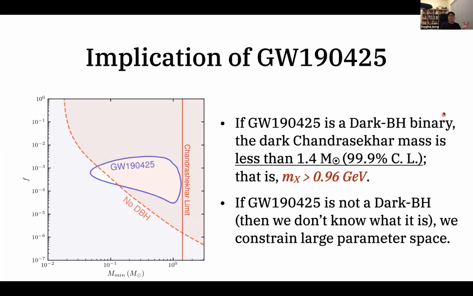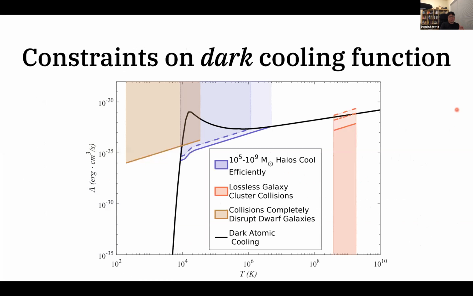Okay, of course, this is not the only place that we can place a constraint. In this dissipative dark matter model, one central quantity is called the cooling function. The cooling function is the rate at which this dark matter can lose energy. This cooling function primarily depends on temperature, because temperature determines the ionization state of this dark atomic structure.